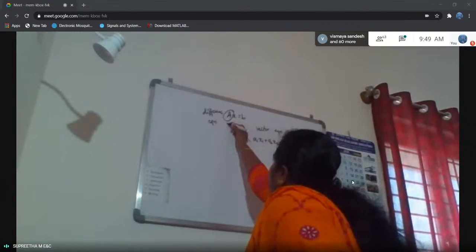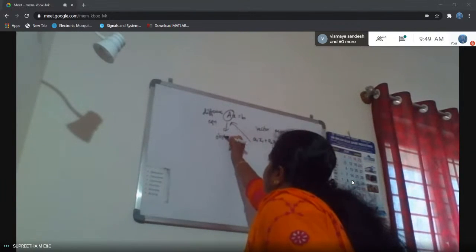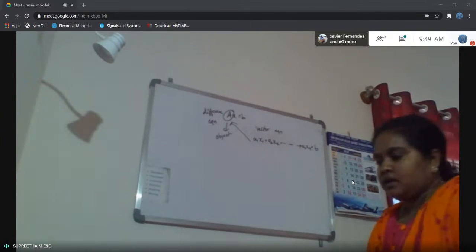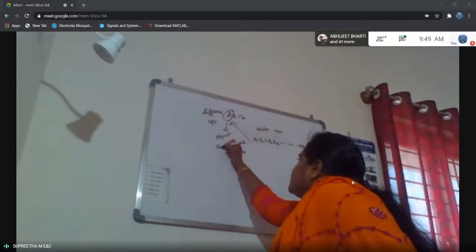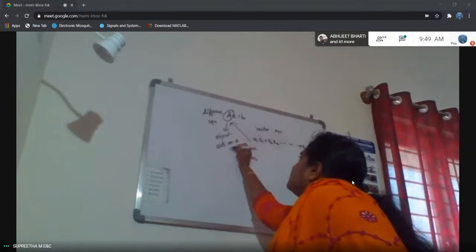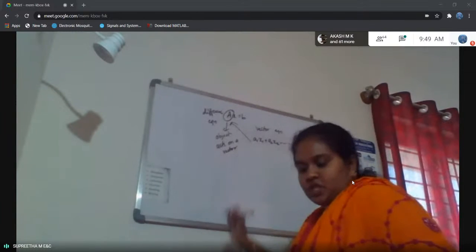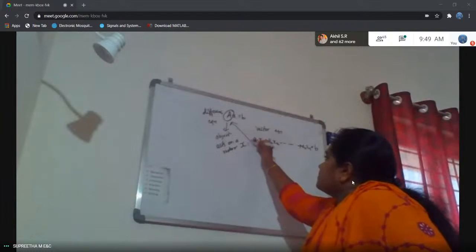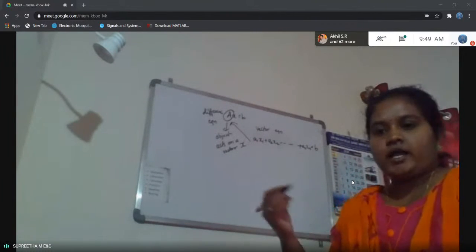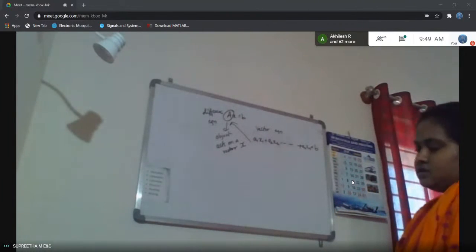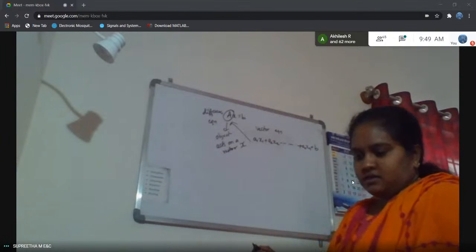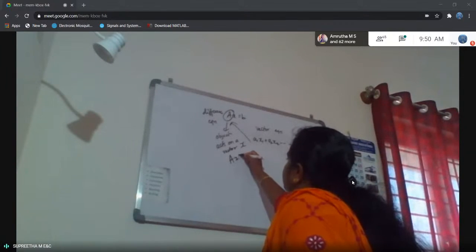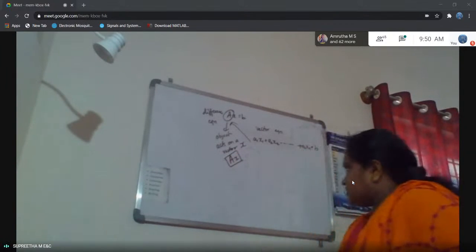I'm considering this matrix A as an object which acts on a vector x, such that when I multiply these two, it results in another vector Ax.